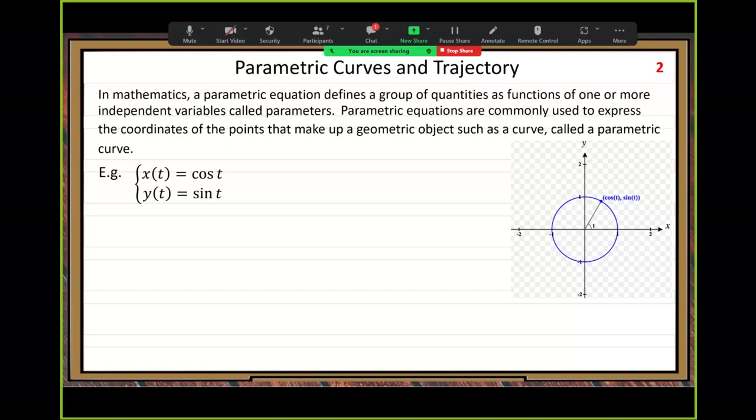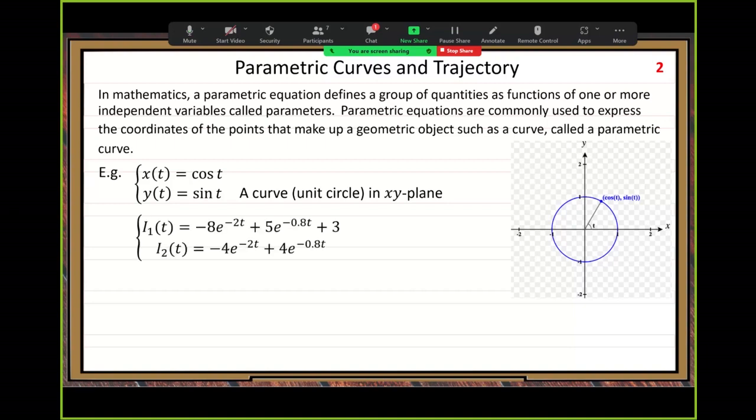Another way we know is x squared plus y squared equals 1. Here we draw the curve in the xy plane. I'd like you to use this example to see some differences.